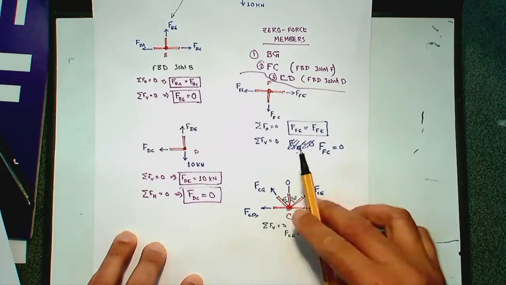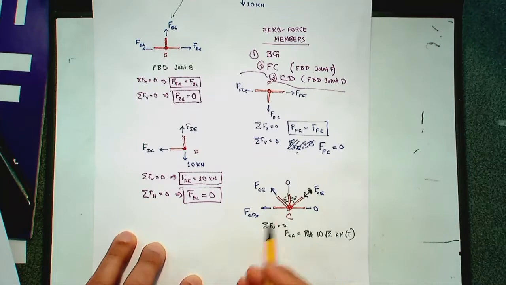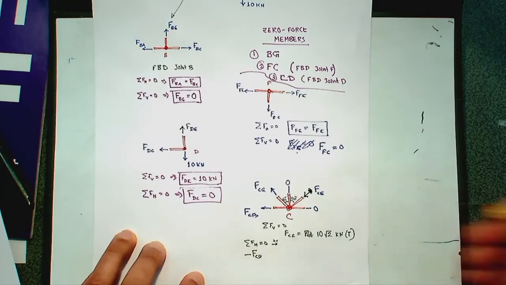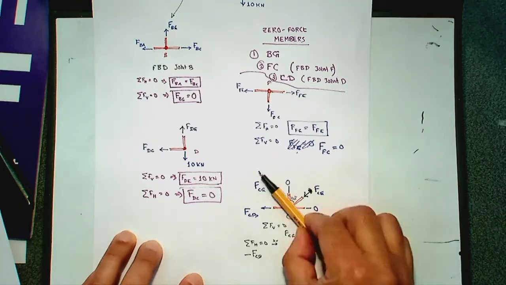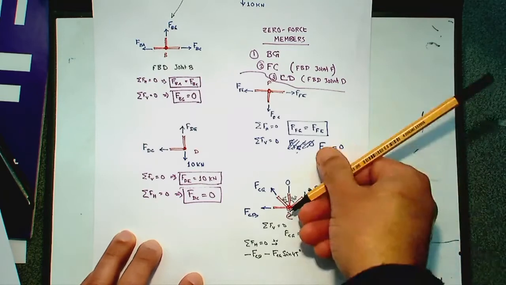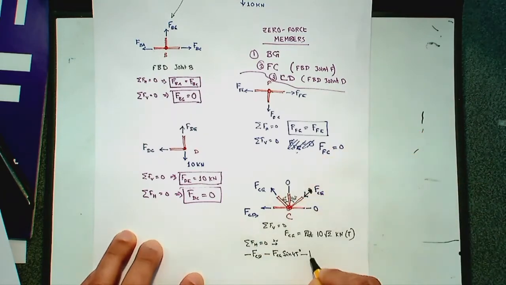What about CB? Its component in this direction would be negative. If you take summation of horizontal forces equal to 0, and let's say forces in this direction are positive, then minus FCB, as this is going this way. And the component of this in the horizontal direction is again minus FCG sine 45 degrees or cosine 45 degrees, same value. FCE again going that way, so minus FCE sine 45 degrees equals 0.